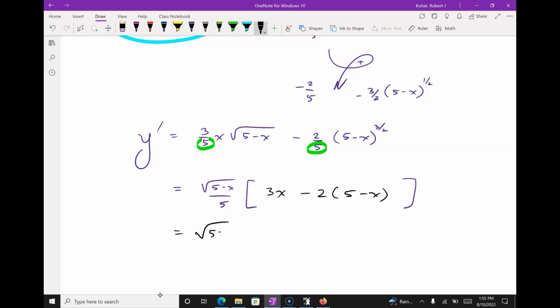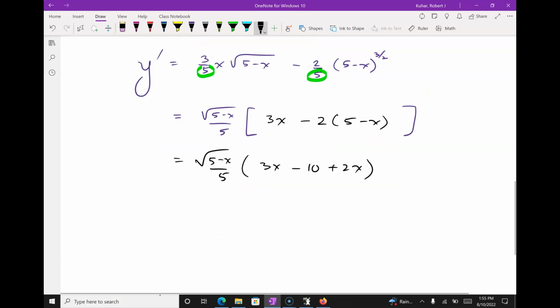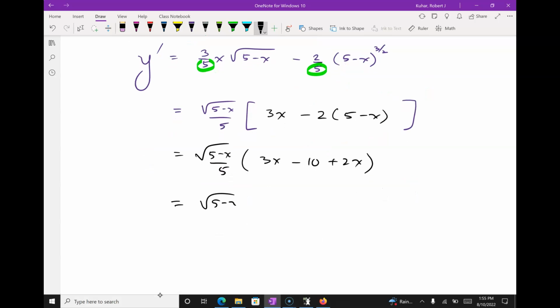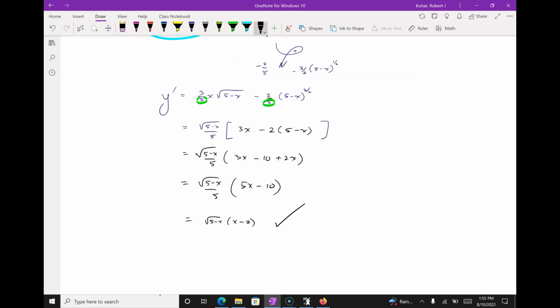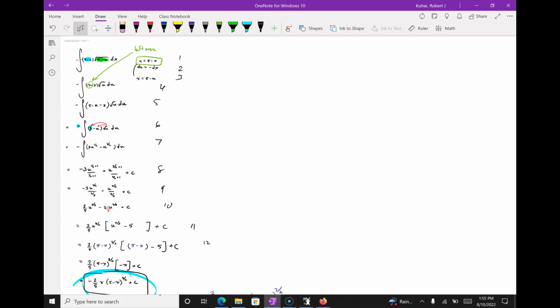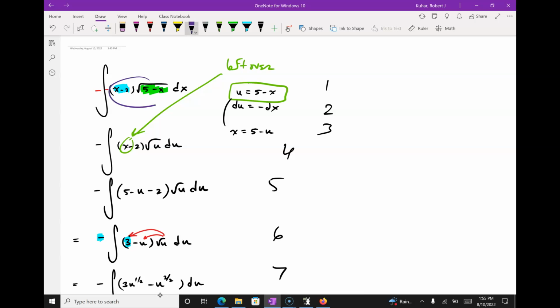So I get square root of 5 minus x over 5 times 3x minus 10 plus 2x. It looks like I get a 5x minus 10. Oh, I can take out a 5 there, right? So I get square root of 5 minus x times x minus 2. What do you know? That's what I started with, right? That's the original problem. That was the original argument of my antiderivative, right?